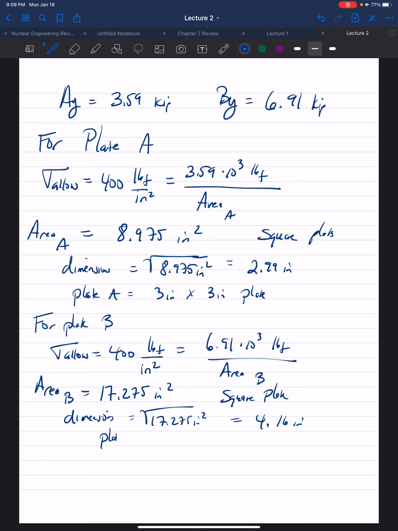So the dimensions to the nearest half inch will be a 4 1/4 plate, so 4.25 inches by 4.25 inches.